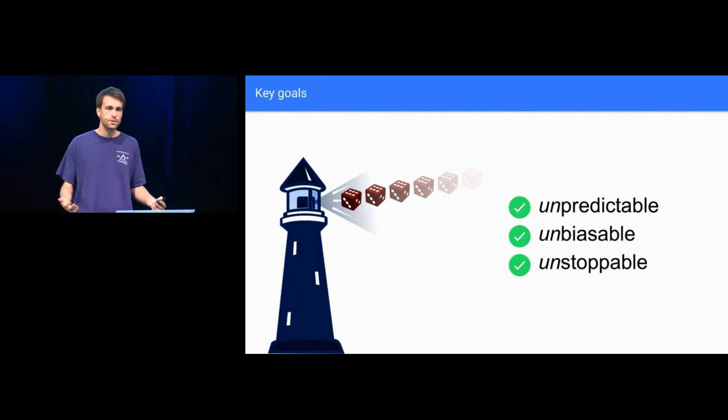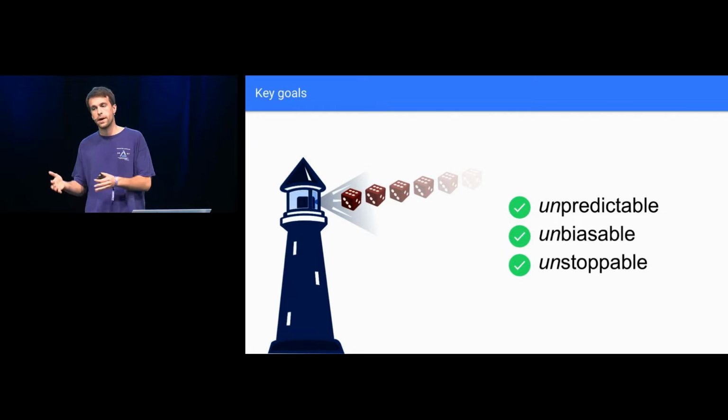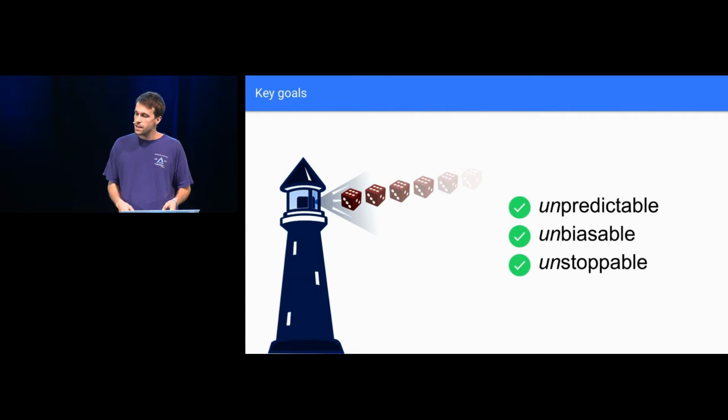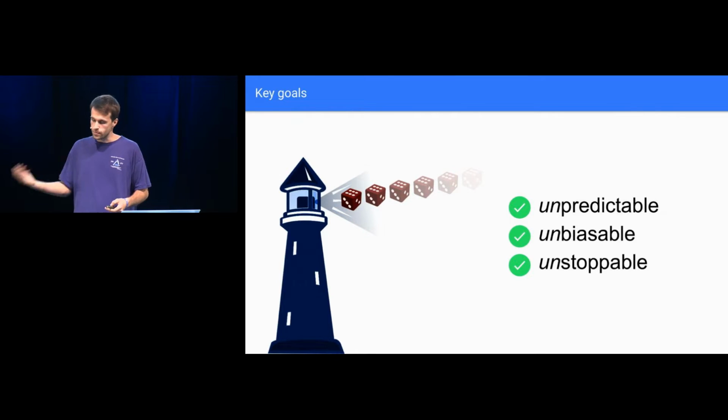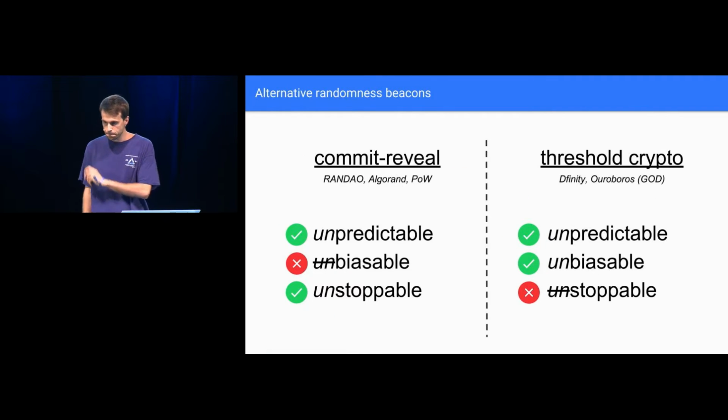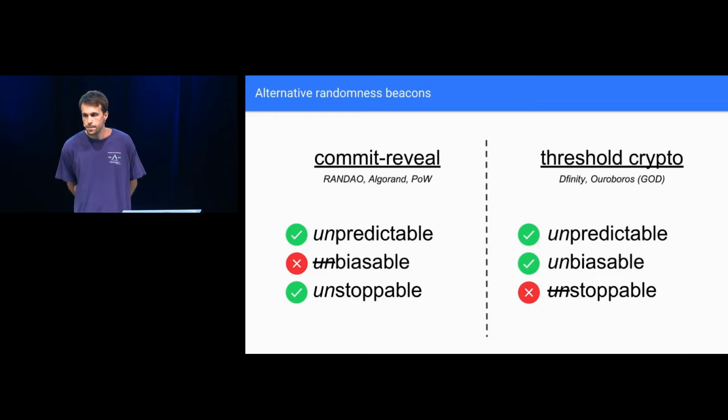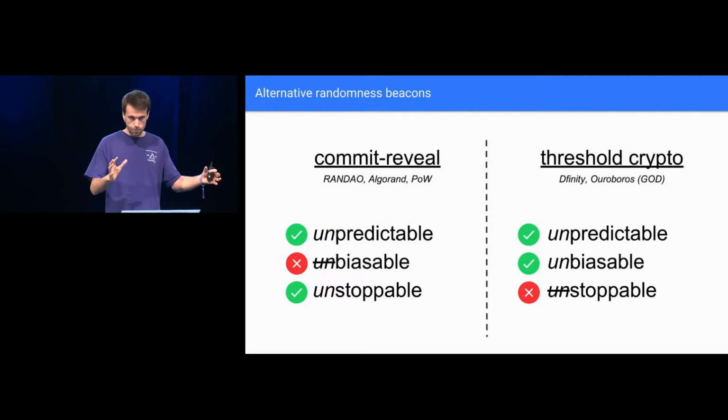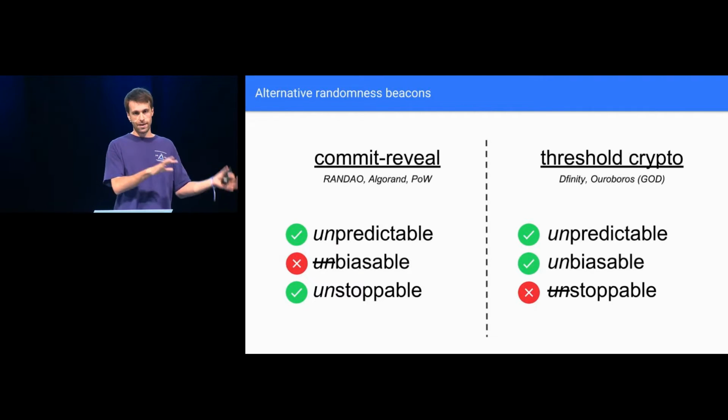So what are the goals for the randomness beacon? We want it to be unpredictable, of course. We want it to be unbiasable, and it turns out that's much more difficult to do. And we also want it to be unstoppable, and I'll talk more about that later. So there's basically two classical families of randomness beacons.